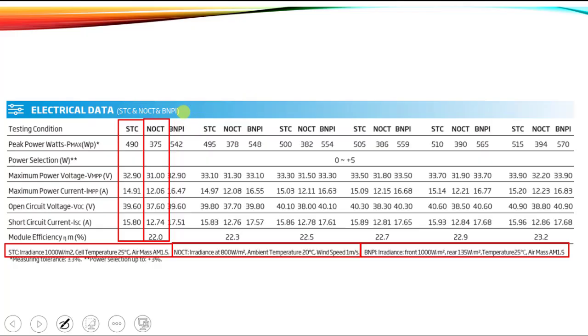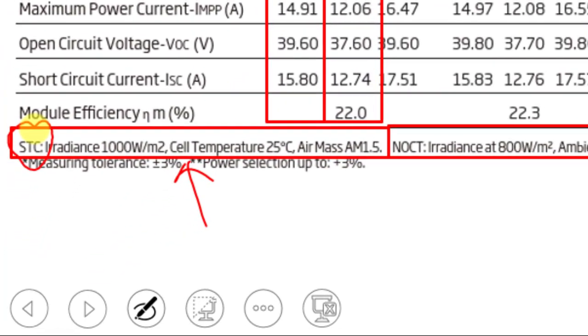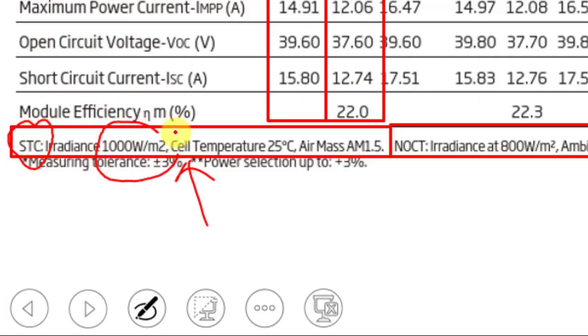Now let's see what the STC is. STC stands for standard test conditions and is defined over here. What are the test conditions? The module was tested under irradiance of 1000 watt per meter square, the cell temperature was kept at 25 degrees centigrade, and air mass was 1.5.